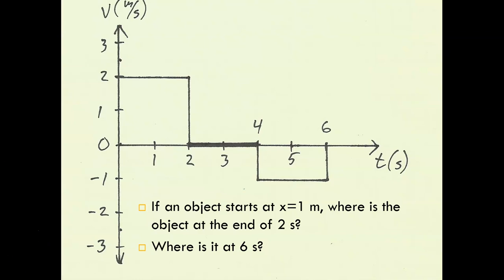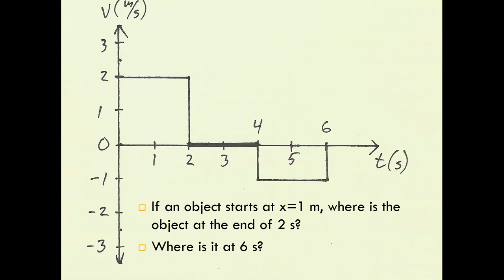Okay, guys. Given this velocity versus time graph, what's your position versus time graph? There's 2 ways we can go about doing it. One way is remembering that the slope of the position time graph gives us the velocity. Since we're starting at 1 meter, we see a velocity of 2 meters per second for the first 2 seconds.